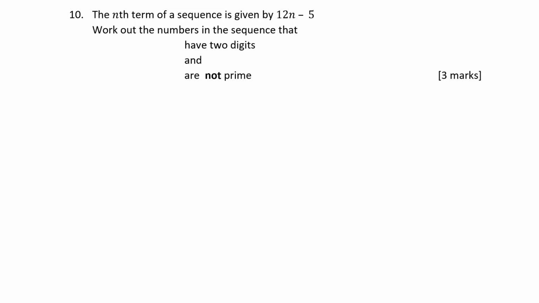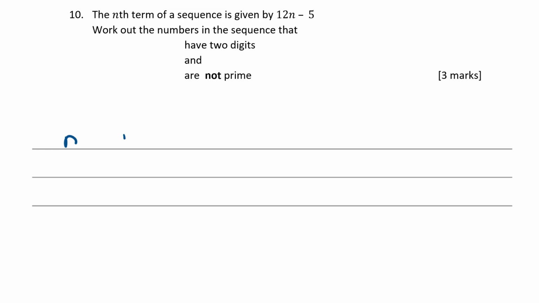When n is 1, I'm going to have 12 lots of 1 minus 5. 12 lots of 1 is 12, take away 5 is 7.